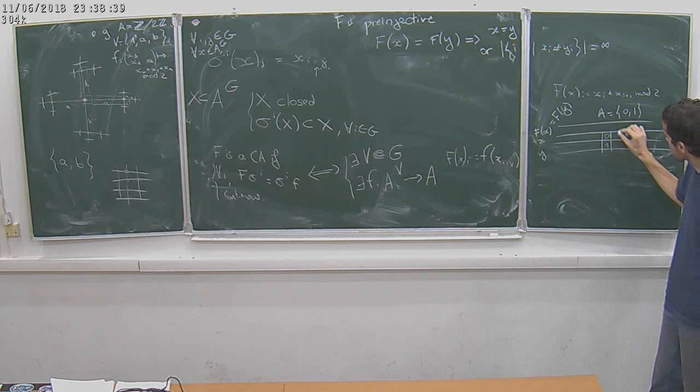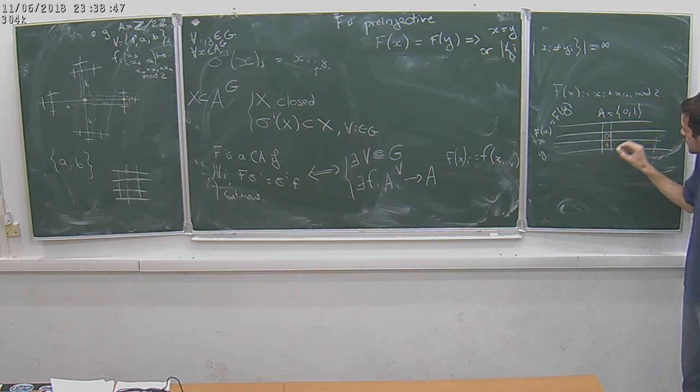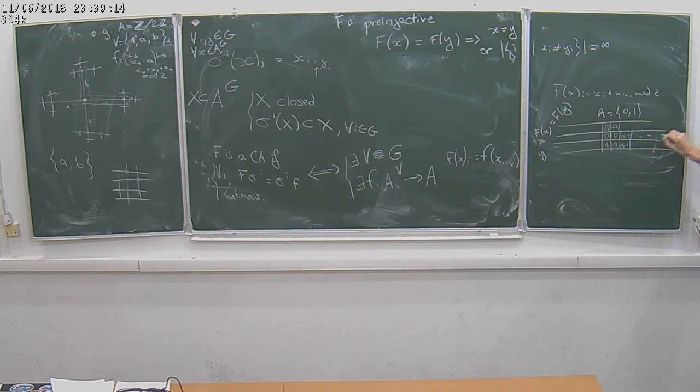But in f of x you must have the same number, alpha. So let's say alpha equals 0, which means that this is the sum of this and this. So here you have a 0. It's also the sum modulo 2 of this and this. So here you have 1. And here you have also some alpha, so here you have alpha minus 0, here you have alpha minus 1. They also differ. So actually you see that the two preimages must be different everywhere on the right.